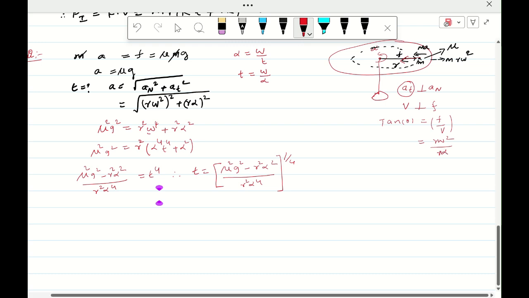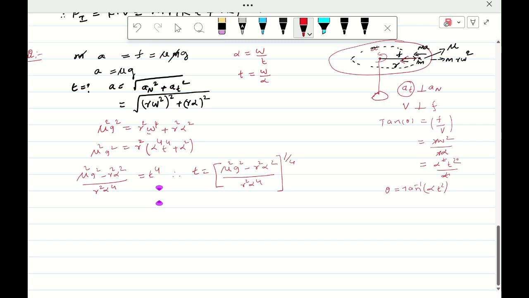Therefore I am writing easily, and they have given the answer in alpha and t. That's why you are writing that. That is equal to omega equal to alpha square into t square by alpha. So alpha gets cancelled. Then theta is equal to tan inverse alpha t square. So the answer is given in alpha and t. That's why we are changing this force and velocities into the direction of accelerations I am taking. But theta is the same only.